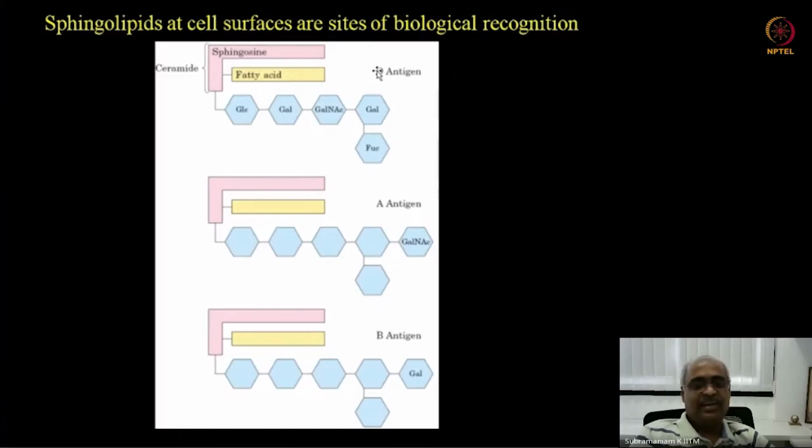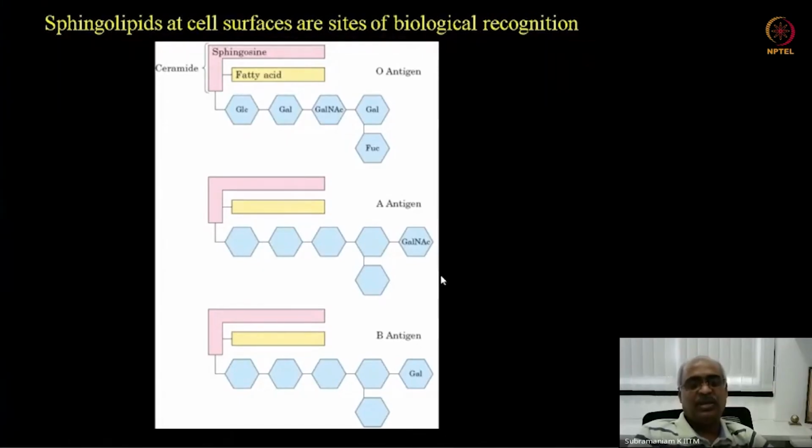Okay. And if you attach one N-acetyl-galactosamine to this galactose, you are A group. So antibodies specifically bind to this and do not recognize the other. And instead of N-acetyl-galactosamine, if you have just galactose, that is the B antigen. So this is the biochemical basis of the ABO blood group.